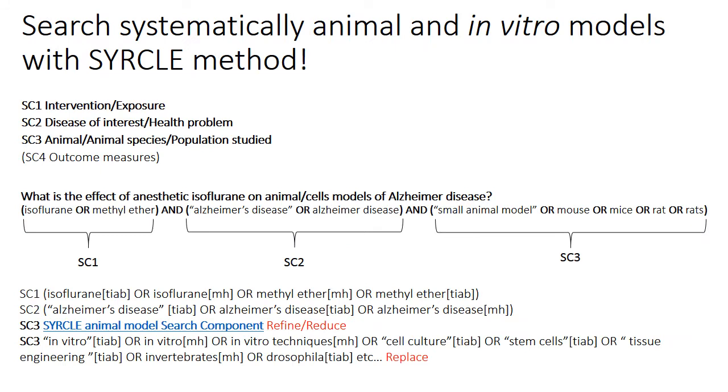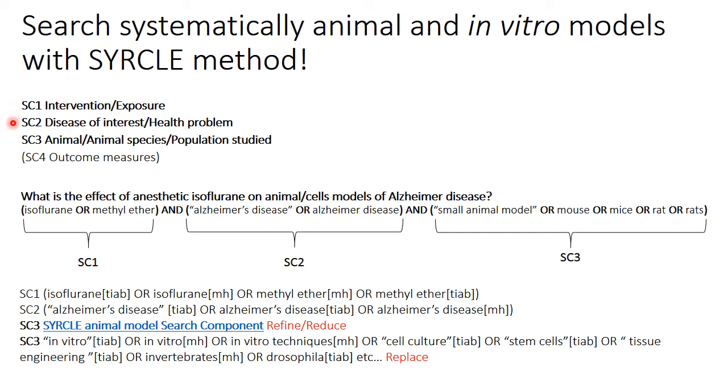I would say that when you want to be really systematic, and if you want to stop simply fishing, please switch to the animal systematic review CIRCLE method. The CIRCLE method advises building your search string as follows. Search component 1 should include the intervention and exposure concept.